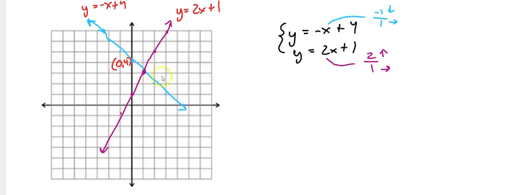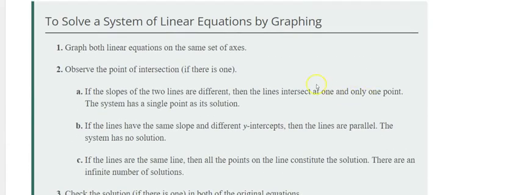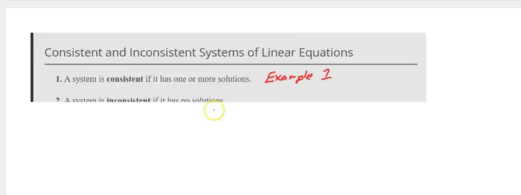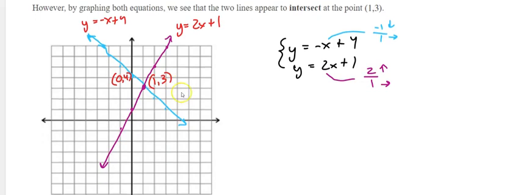But when we start noticing that this right here is 1, 1, 2, 3, this is the point 1, 3. So this point where they intersect, just like we saw up here, if the slopes of the two lines are different, then the lines intersect at one and only one point. The system has a single point as its solution. That is what we're seeing right here.